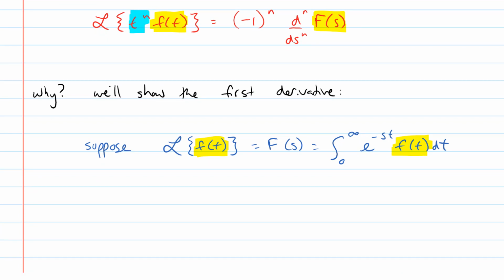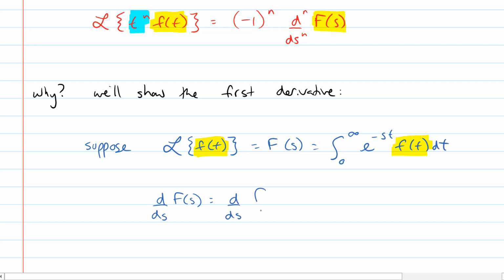Now let's go ahead and take the derivative with respect to s of capital F. That means we're going to take the derivative with respect to s of this integral from 0 to infinity of e to the negative st f of t dt.